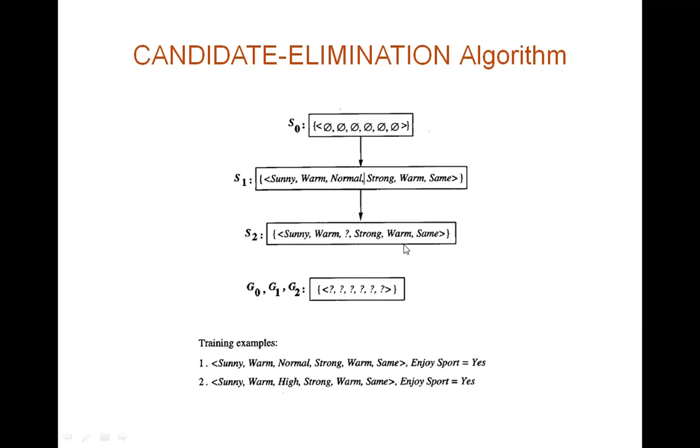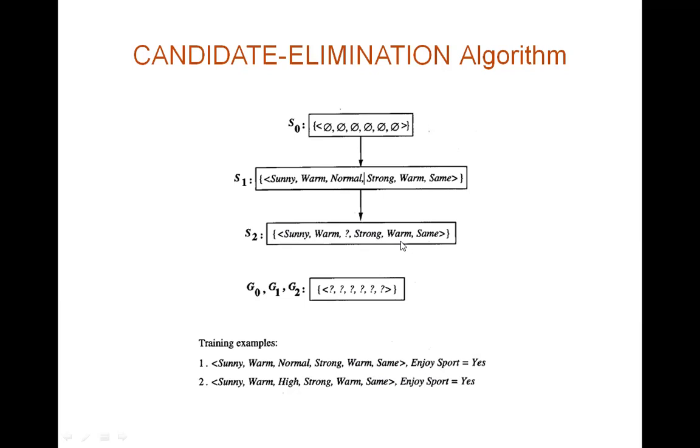We have arrived at this hypothesis, S2. Once you write this hypothesis, you have to check whether it is consistent with the previous example as well as the new example. Yes, for both these examples, this S2 hypothesis will say enjoy sport is true. Is it clear? When you are in a positive example, this is what you do.